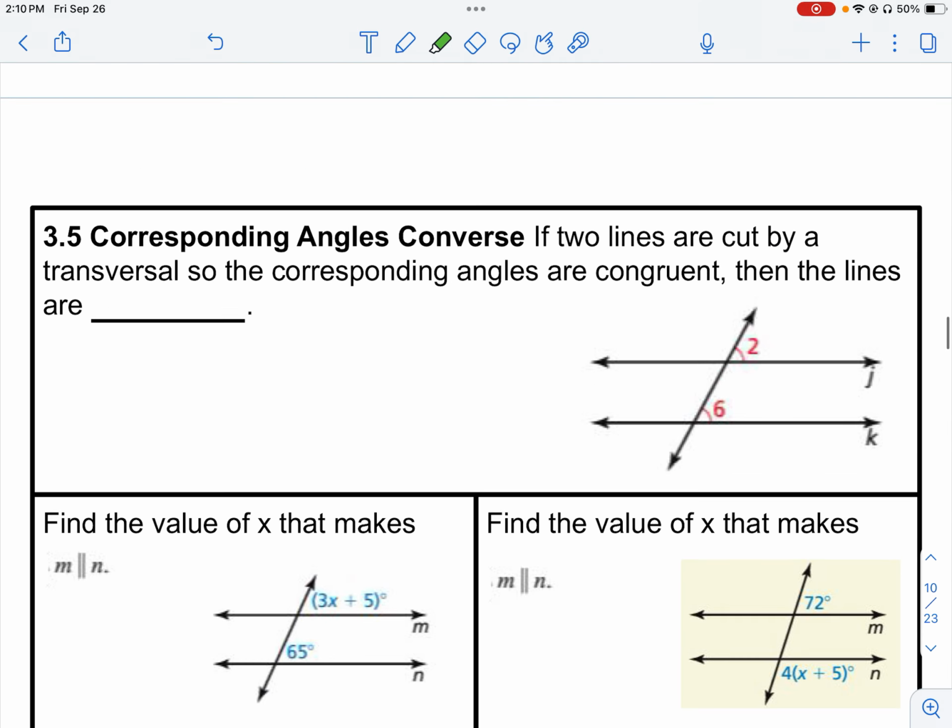So let's look closer at this. So corresponding angles converse. If two lines are cut by a transversal so the corresponding angles are congruent, then the lines are parallel. We just talked about that. So if this is true, then it means this is true.